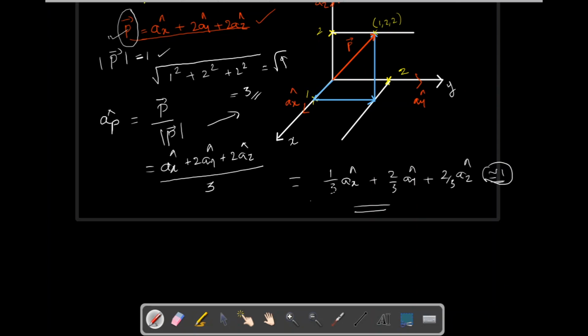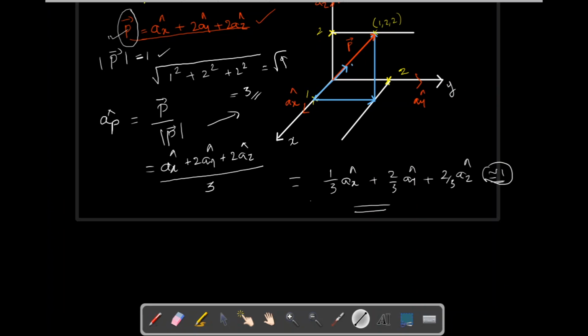I have 1 by 3, that is almost 0.33, along the x direction. Then from there I have 2 by 3 along the y direction, and from there again 2 by 3. So I will end up somewhere here, and if I find the magnitude of this it will be equal to 1. So this is my unit vector ap vector, which is along the direction of p vector.